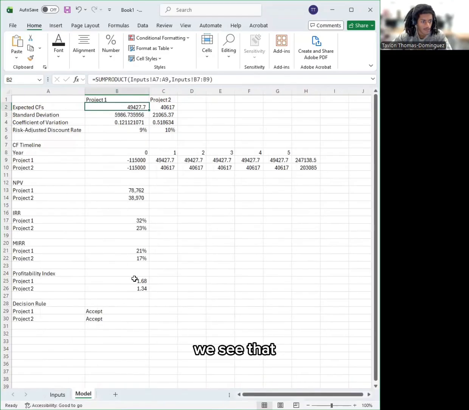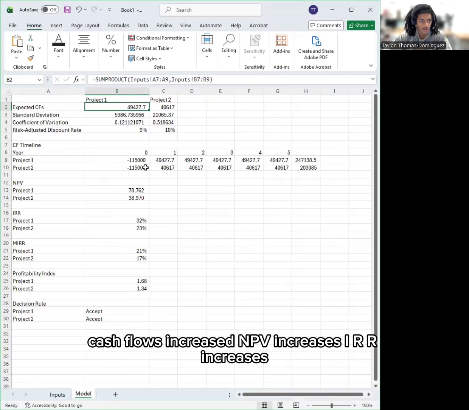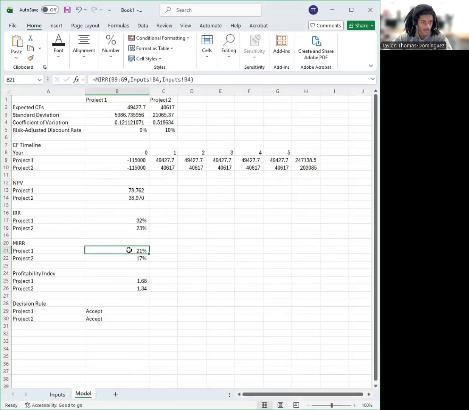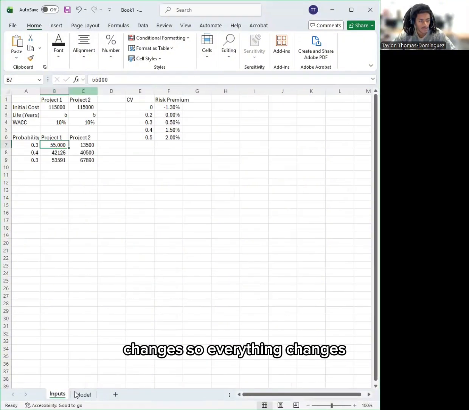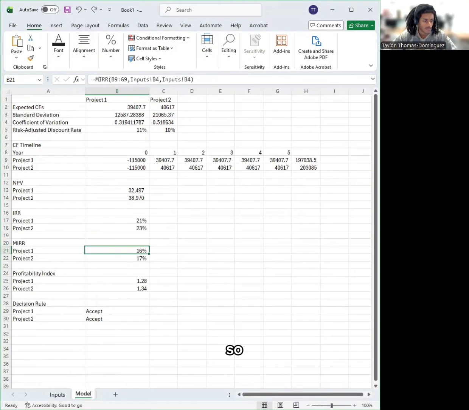We see that the cash flows increased, NPV increases, IRR increases, MIRR and profitability change, so everything changes.